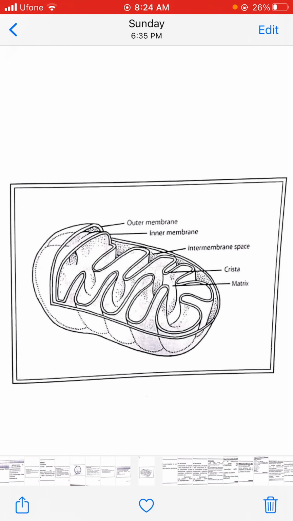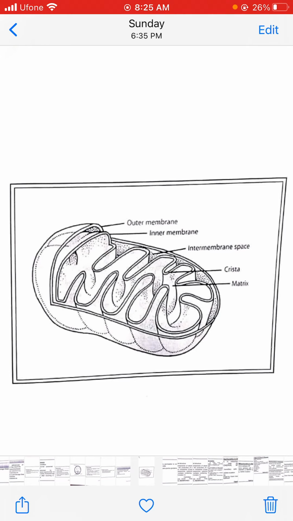The outermost covering of the mitochondria is the outer membrane, then the inner membrane. The space between the outer membrane and inner membrane is the intermembrane space.